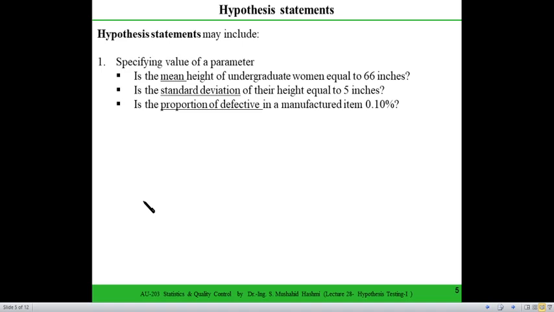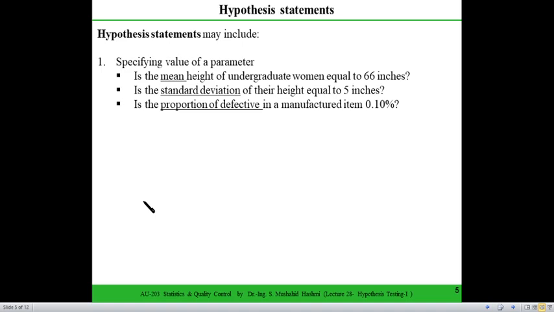For example, if you say the mean height of women is 66 inches, so this is your prior claim, then you can investigate whether the mean height is greater than 66, less than 66, or other than 66. Or you could be interested in whether the standard deviation of their height is equal to 5 inches or other than 5 inches.